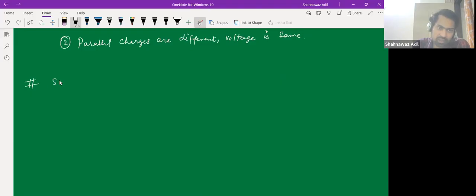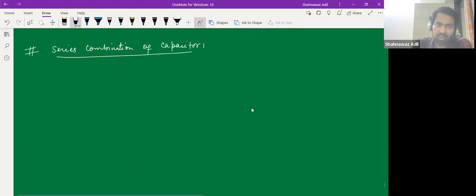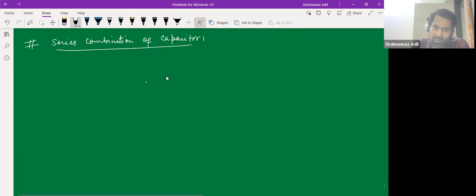let us do the series combination of capacitors. You have already done this, but let us revise. You have these capacitors connected in series.